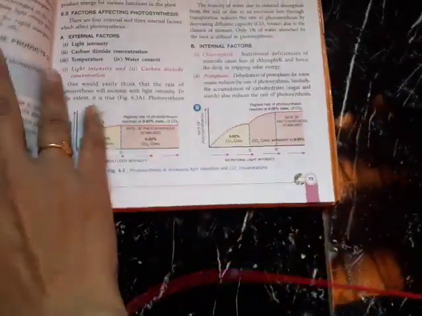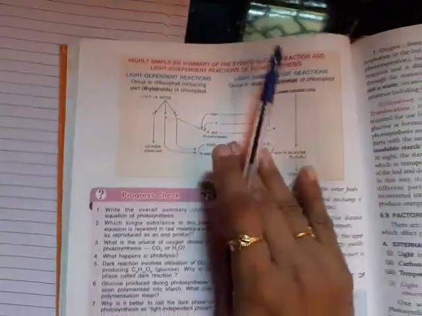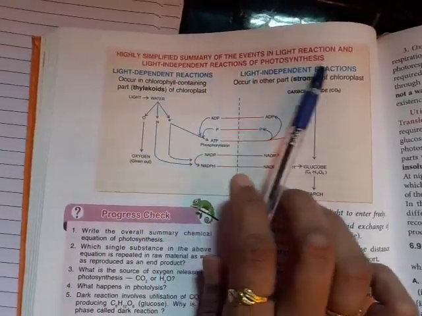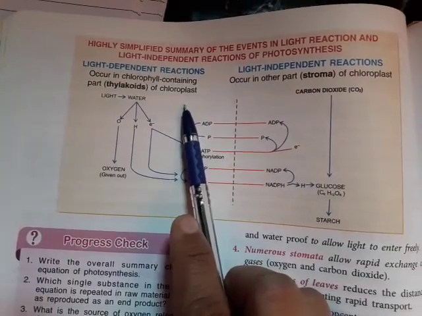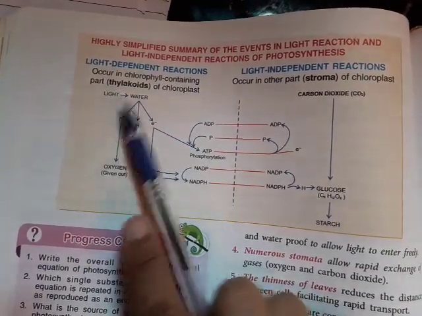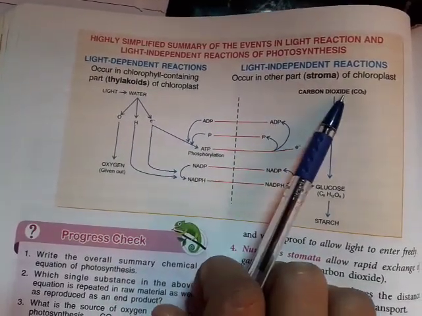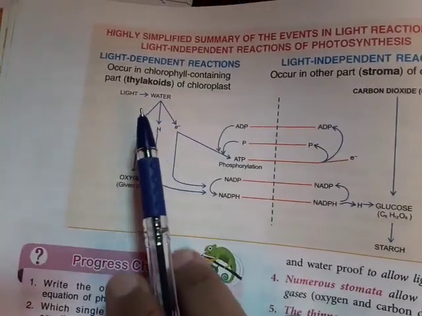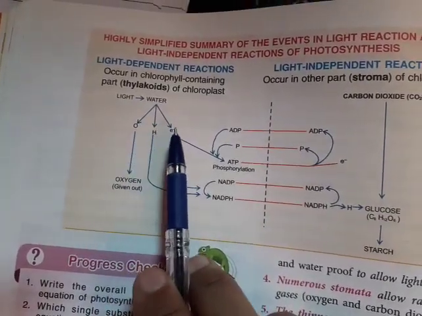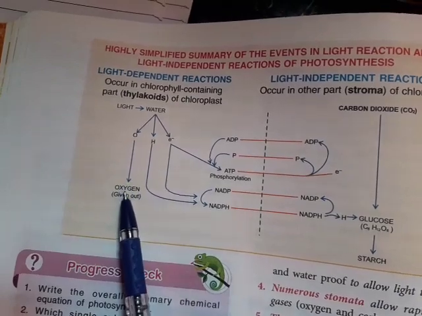Then we'll go to the next one. Now you can see the summary of all the process here, a simplified summary. Light dependent reactions occur in the thylakoids, and the light independent reactions occur in the stroma. Here you can see that light is splitting water into oxygen, hydrogen and electron. Oxygen is released as molecular oxygen.